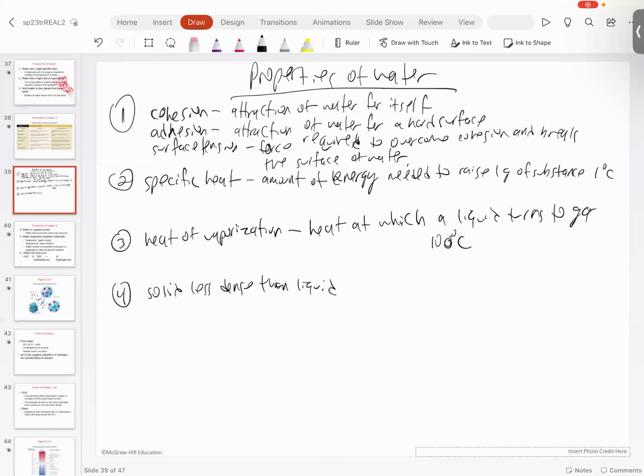So what the heat of vaporization does is it gives us basically a functional temperature range within which we can do biological work.